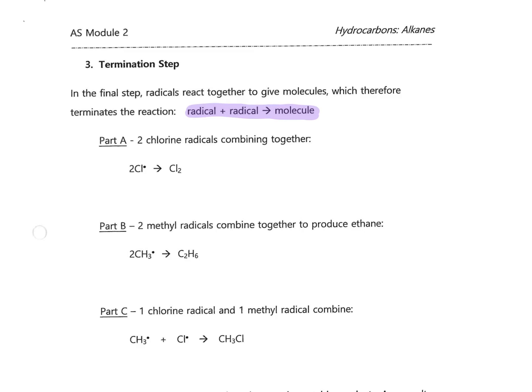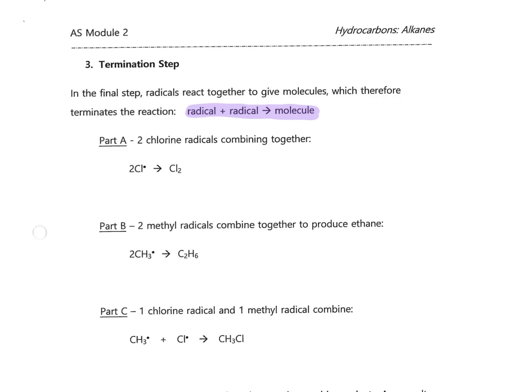When these radicals react together and form molecules, there are fewer free radicals in our reaction mixture, which will eventually react together and terminate the reaction. And actually we'll look in a second at how, if this reaction wasn't terminated, then more substitutions can happen.